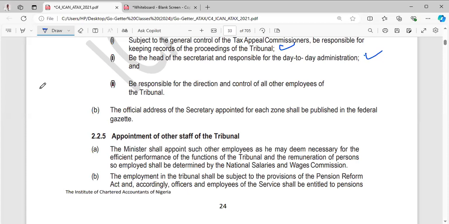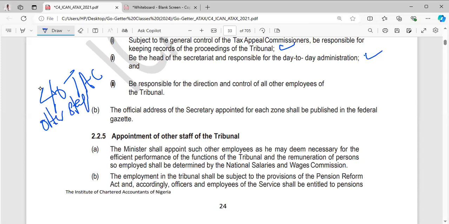So what are they saying here? Apart from the 40 TACs that have been appointed by the minister, the chairman for each of them has been determined, the secretary for each of them has been determined. So the other three are members.